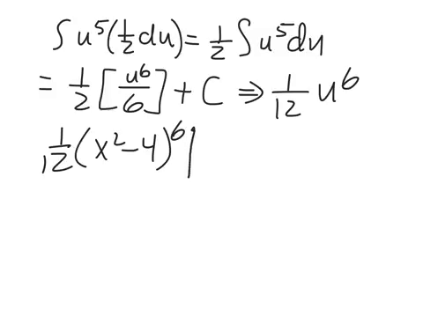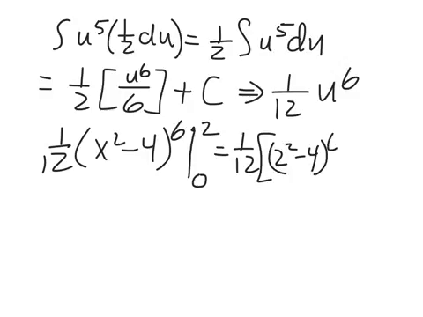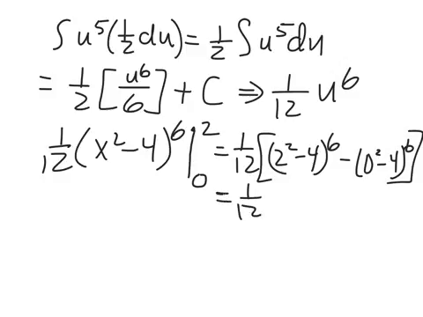And then the integral, we're evaluating it from 0 to 2, so now we can plug those in for x. And let's see, we'd have 2 squared minus 4 to the 6th power minus 0 squared minus 4 to the 6th power. And we get what? 0 minus, this one would be negative 4 to the 6th power.